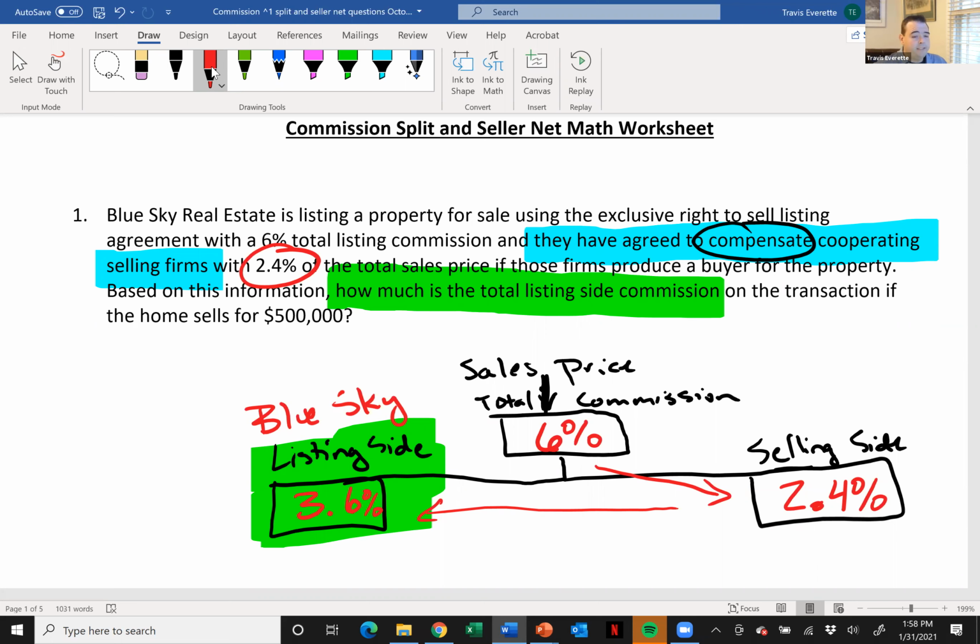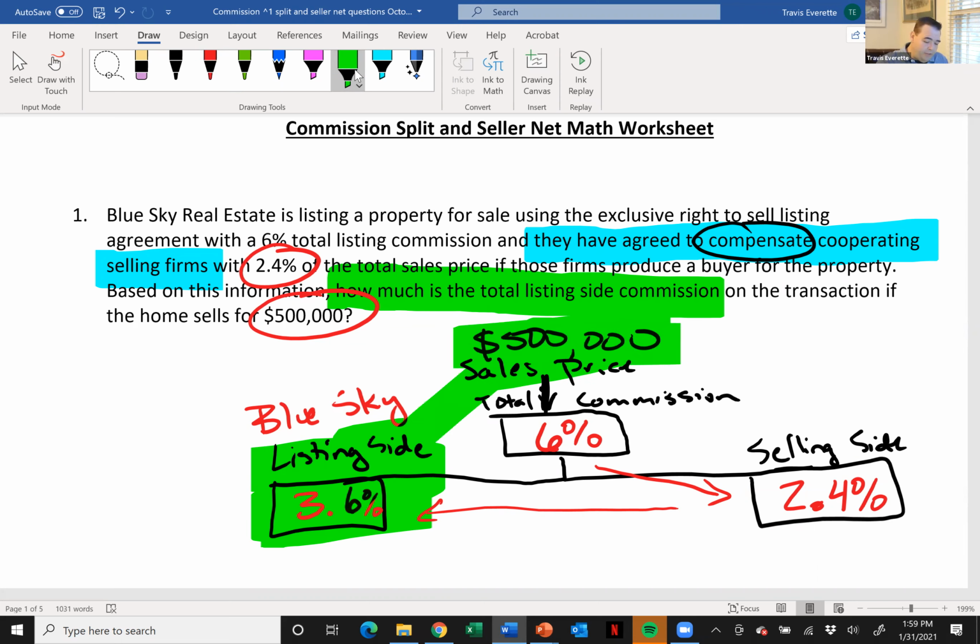So the listing side must be getting 3.6%. And then it finally says, if the house sells for $500,000, well, I know my $500,000 goes all the way up here as a sales price. Now, remember the trick I told you. If you've got small percentages, 5%, 6%, 7%, anything single digits, less than 10%, you're always going to tie that directly to the sales price.